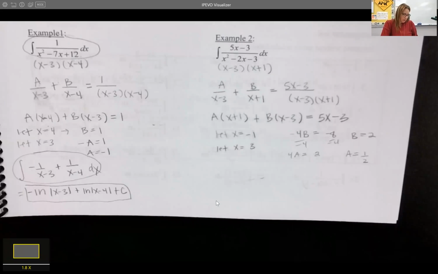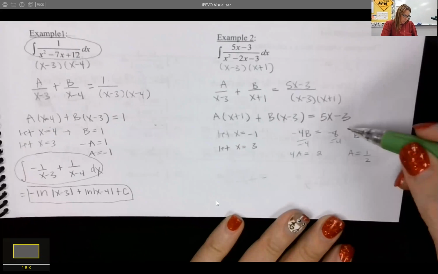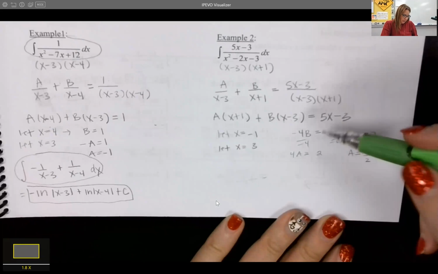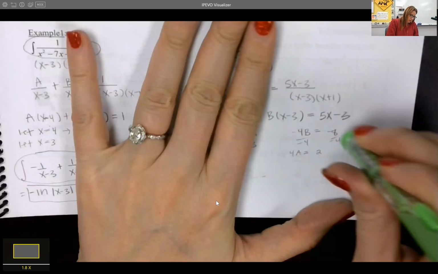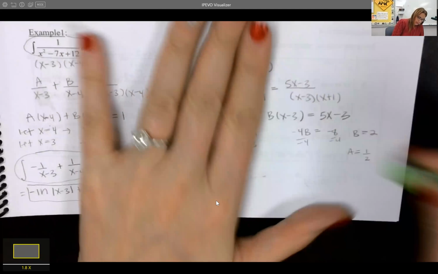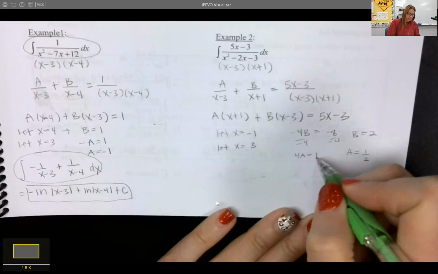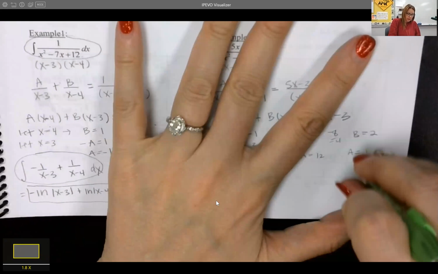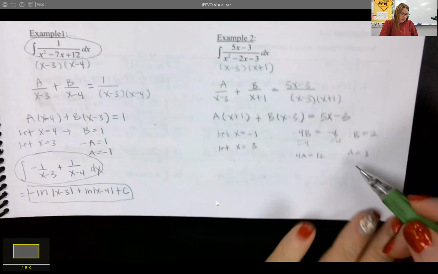Okay, I think this is supposed to be a plus. We're plugging a 3 in, so this is 15. So this is going to actually be 4a equals 15 minus 3 is 12. That didn't seem right. So we get a equals 3. Okay, so a is 3, b is 2.